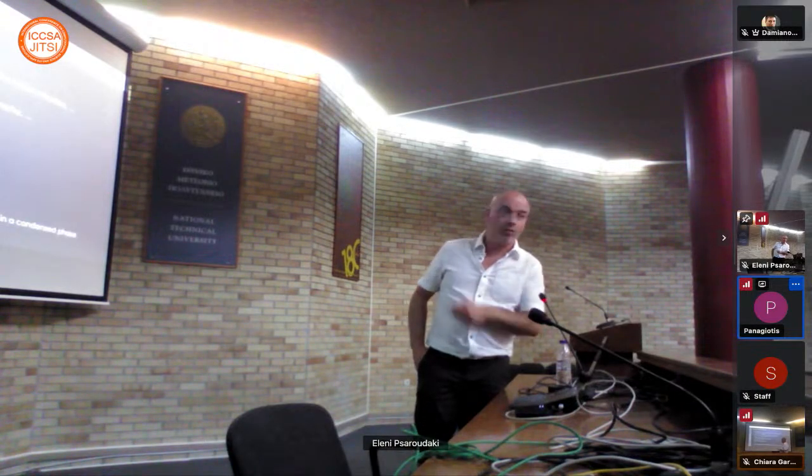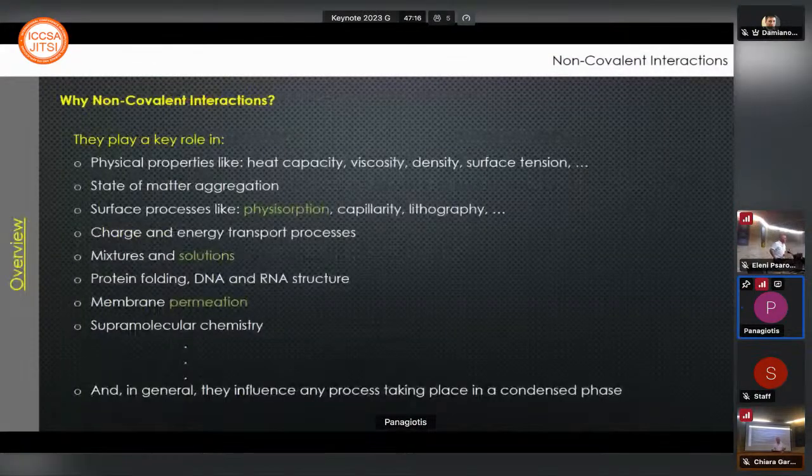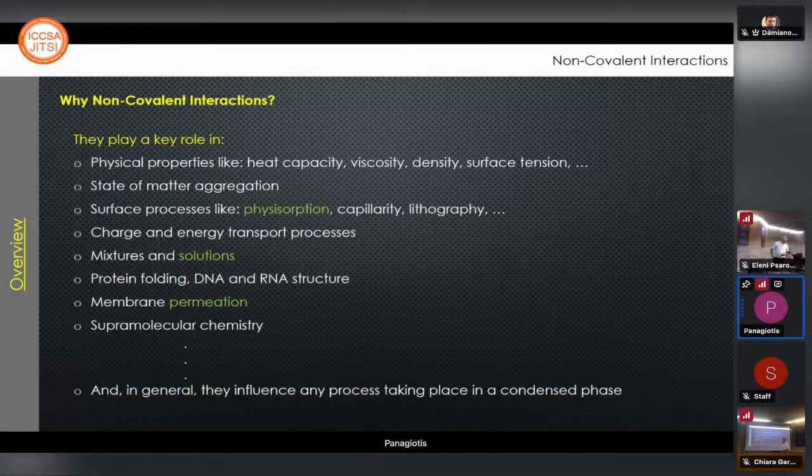They play a key role, for example, in the study of physical properties, like heat capacity, viscosity, etc. In the study of the state of matter aggregation, surface-like processes, mixture solutions, protein folding. Well, in general, they influence any process taking place in a condensed phase. So non-covalent interactions are very, very important.